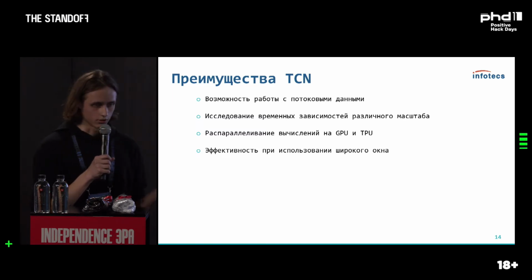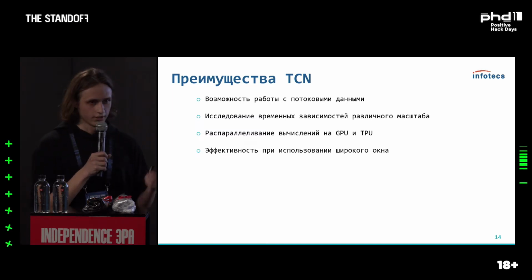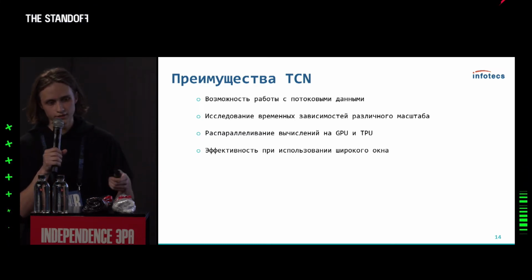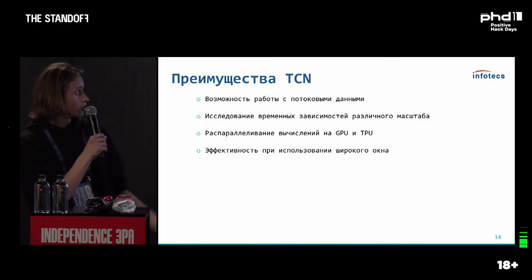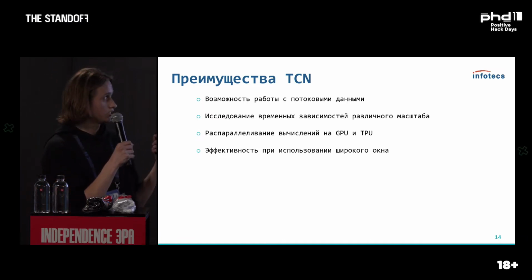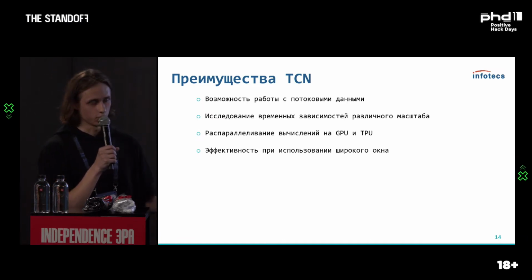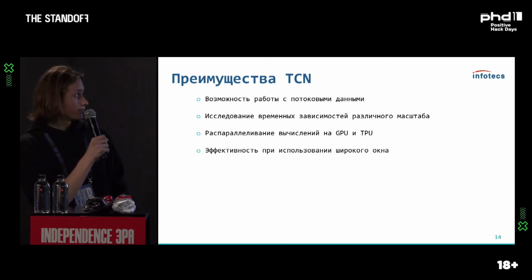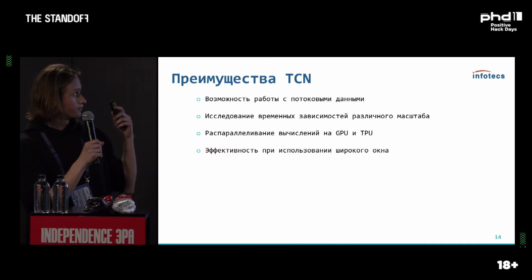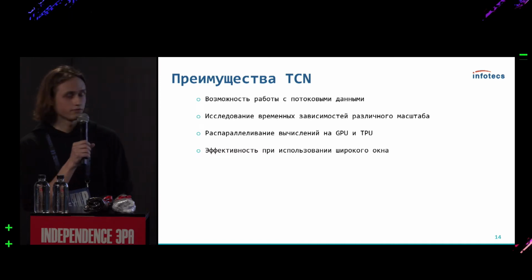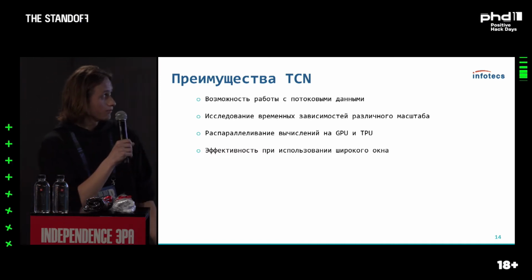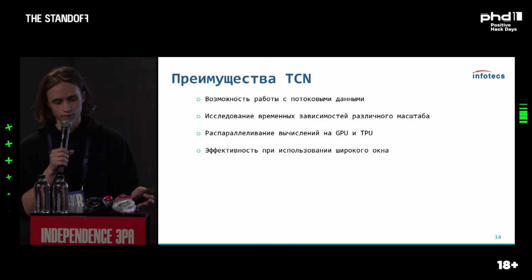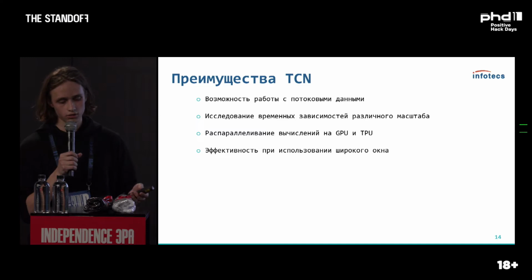If we use these models, what are the advantages that we get? Well, we can work better with the flow of data. To get the result, we don't need to have the result for the next point in time. And we can also measure time dependencies by using these networks, which we need sometimes. The advantage can also be compared with recurrent neural networks.